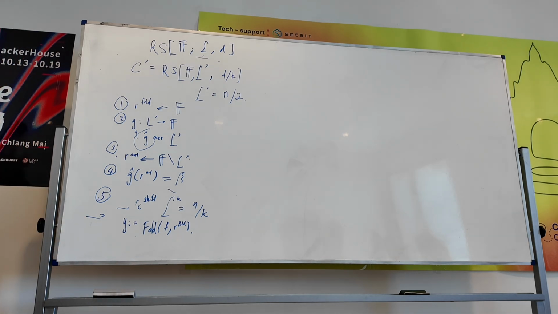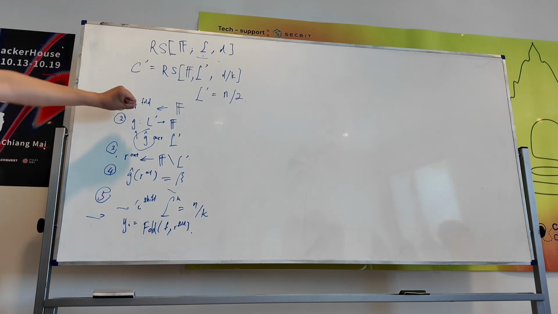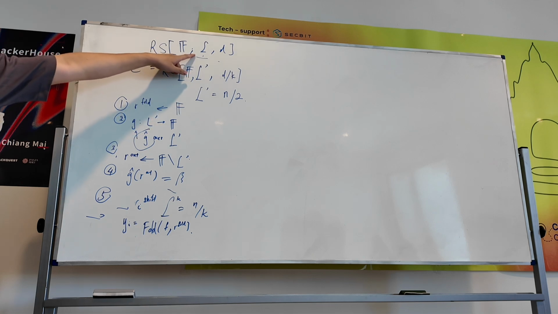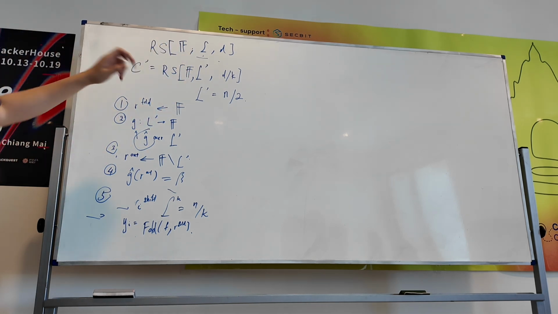Any questions? So STIR is just optimizing the process? It's mainly by reducing the evaluation domain that it reduces the number of queries you need to do in each round. In FRI, each round you have to do a certain number of queries and keep doing it until the last round.